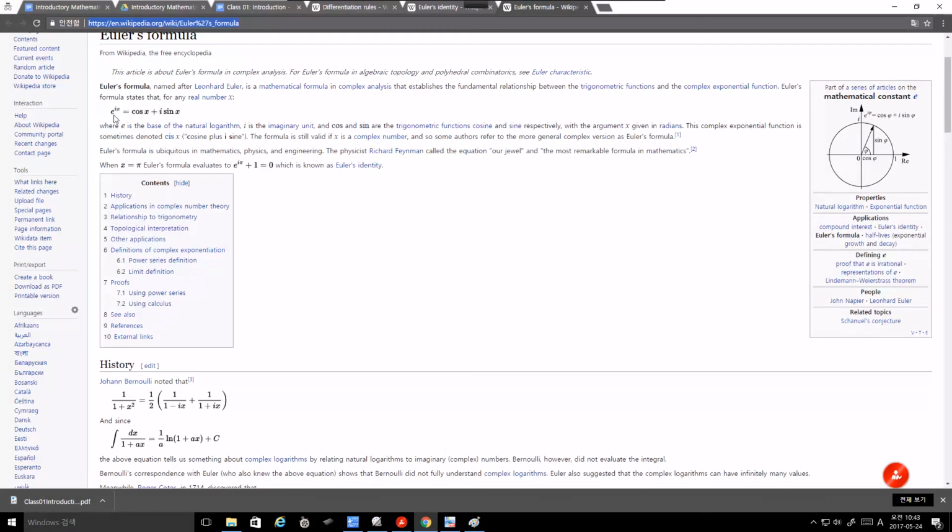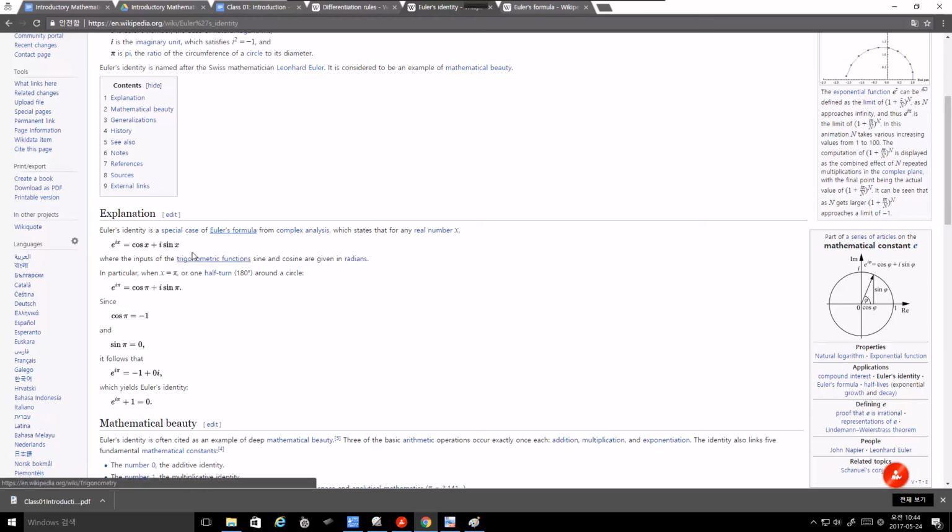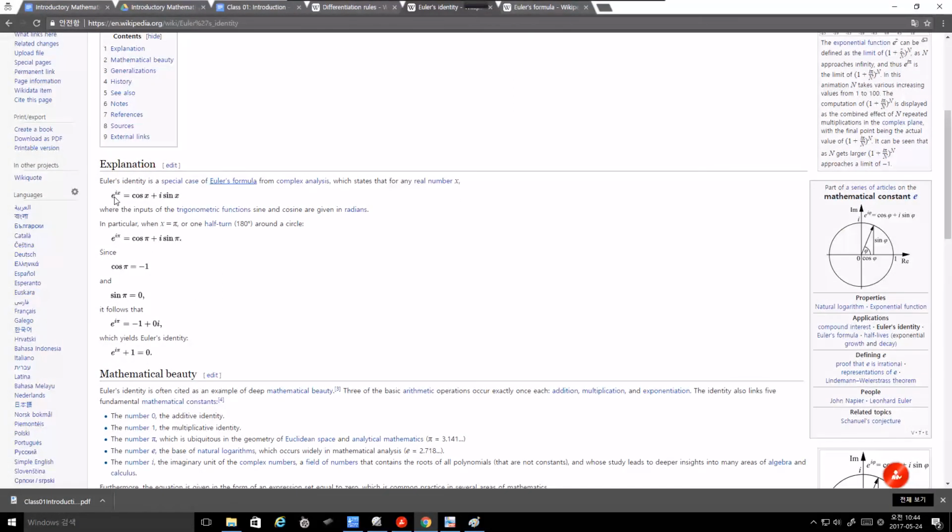If we use Euler's formula, then Euler's identity is straightforward, right? Because if we believe Euler's formula, e to the power of ix equals cosine x plus i sine x, then instead of x, if we put pi, in particular when x is pi, pi is a half turn, 180 degrees around the circle, then e^(i pi) equals cosine pi plus i sine pi.